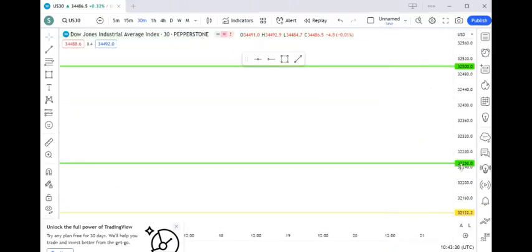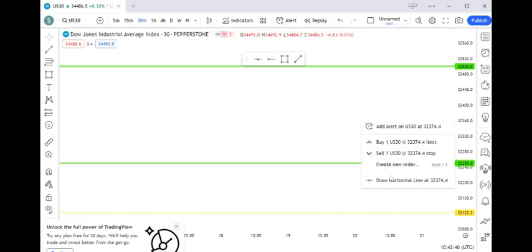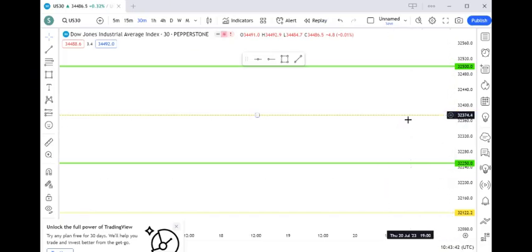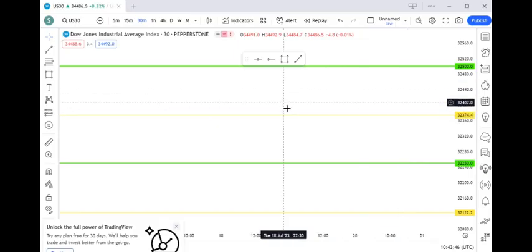On to the next one. Next key level, 32,250. So our mid-range is going to be 32,375. Horizontal line. Now your mid-range will be set already, the color, and it's 2XP.